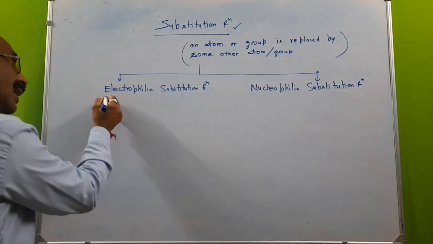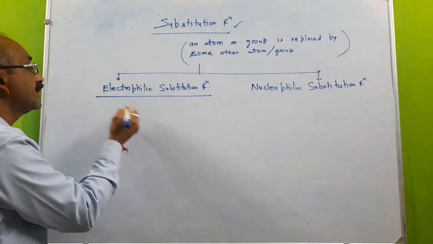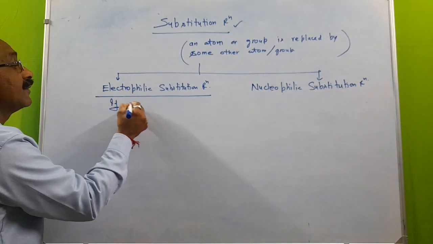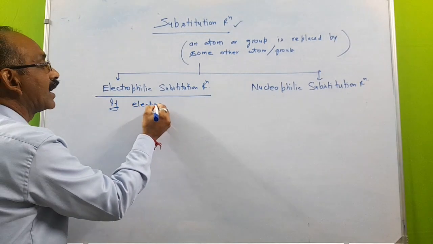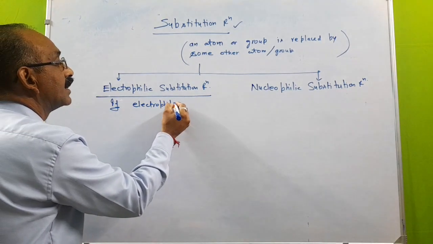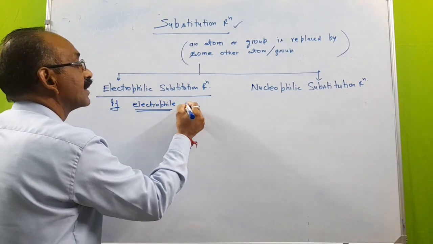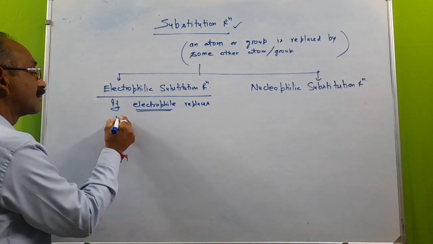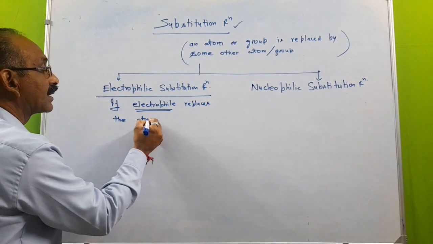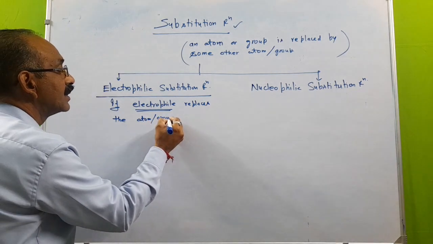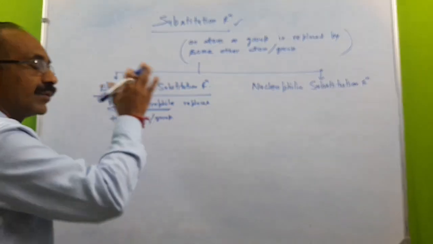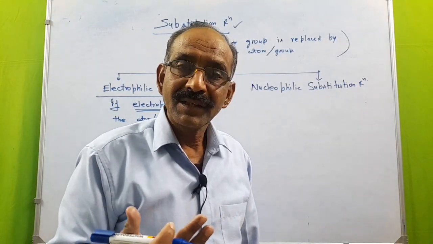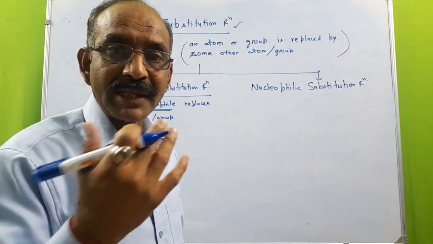See, what are the electrophilic substitution reactions? Here, if the electrophile replaces the atom or group, that one is called electrophilic substitution reaction, as we discussed in case of the benzene.